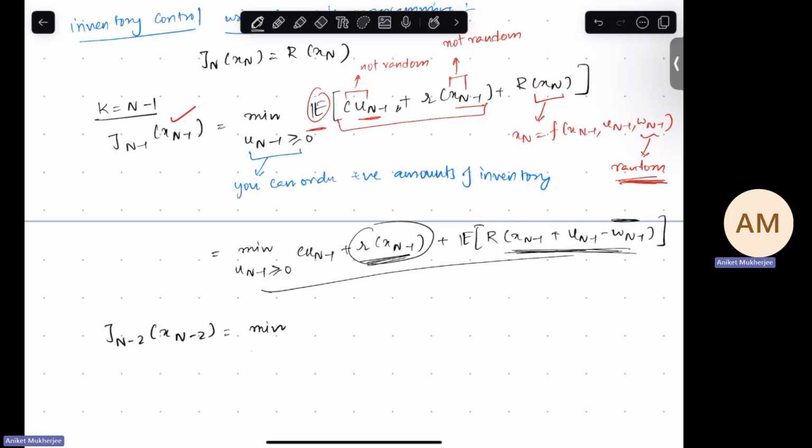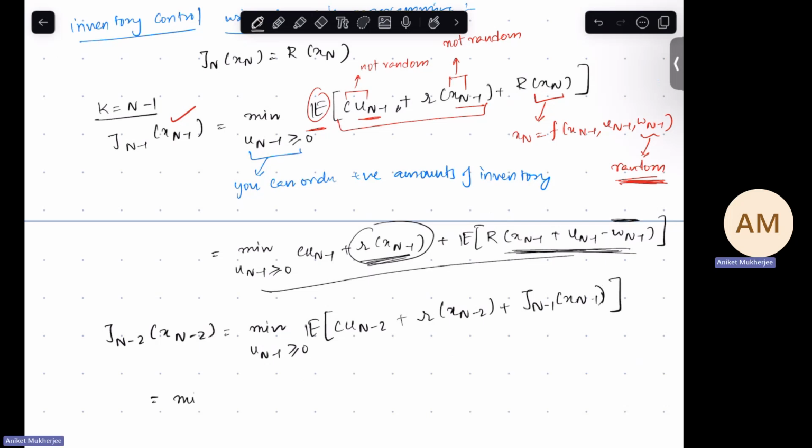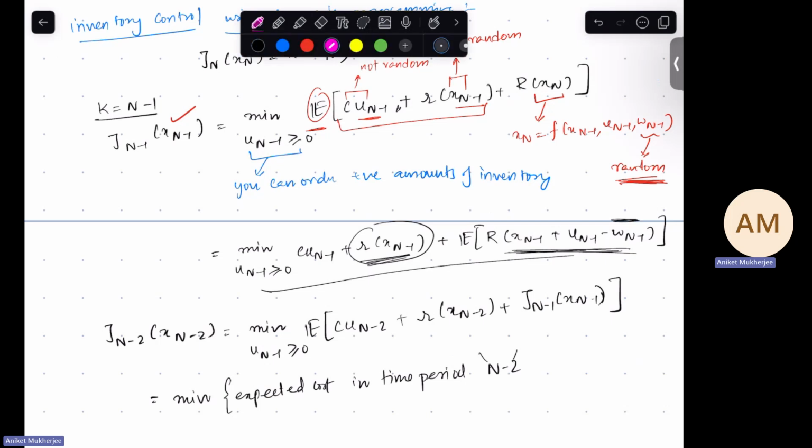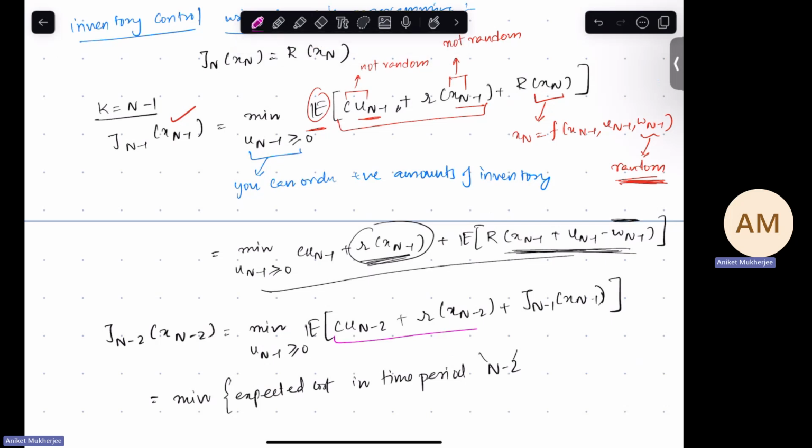So this will be the minimum over un-2 greater than or equal to 0 of the expectation of C un-2 plus R(xn-2) plus Jn-1(xn-1). So what this means is you are minimizing your expected cost in time period n minus 2. Now, this expected cost in time period n minus 2 is basically this.